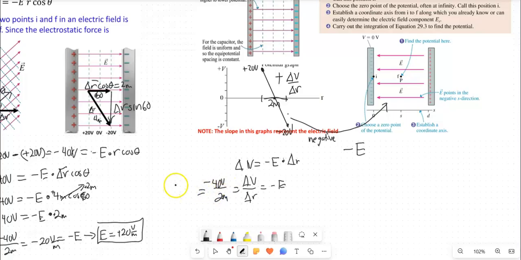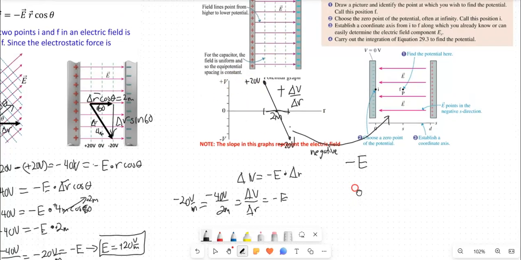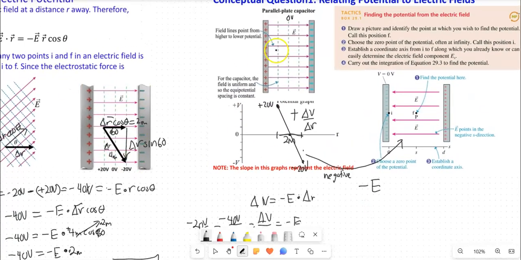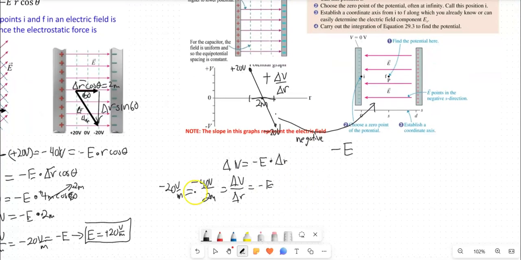So you get a negative 20 volts per meter, right? Well, if you notice, this electric field that we're basing this on, in both of these graphs, is pointing to the right. So you have to kind of artificially change that.